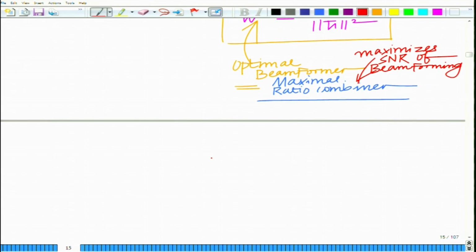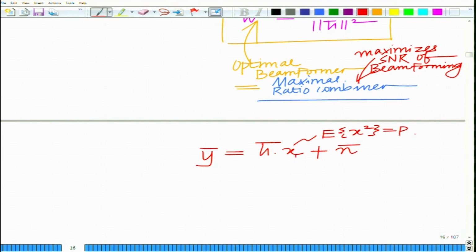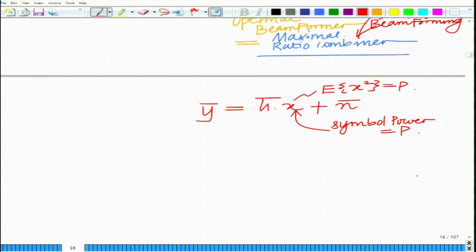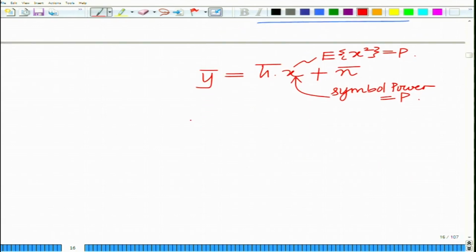And what is the SNR? That is easy to see. If you have y bar equals H bar times x plus n bar, let the symbol power be P, that is expected value of x square equals P. Now I am beamforming with the maximal ratio combiner, that is H bar transpose divided by norm H bar square into y bar.